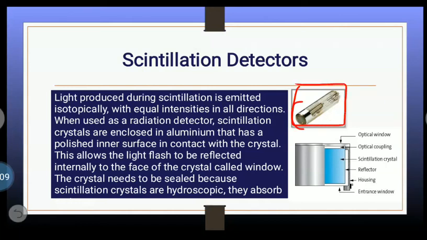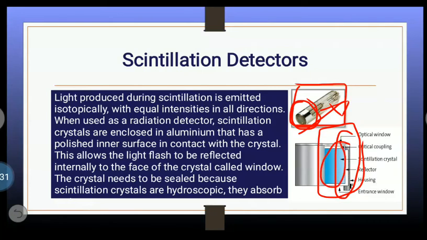So here, we have this portion. It is wrapped in aluminum, to direct our light inward. So this is the aluminum foil, okay, it emits light, which is only directed towards there.